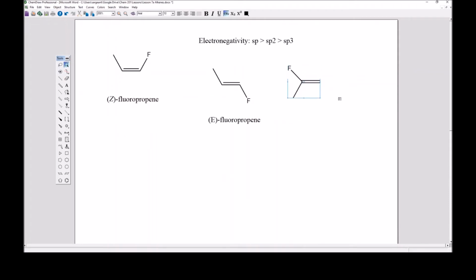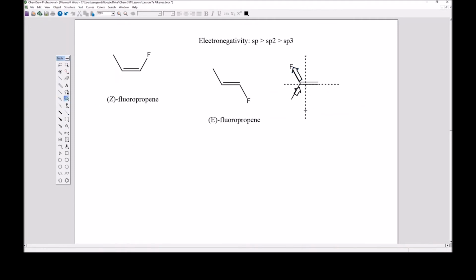The bond angles aren't quite ideal. That feels better. And what you'll notice is that this fluorine is pulling electron density this way, and the R group is giving a little bit of electron density down this bond right here. And so now we think about the two axes, the horizontal axis and the vertical axis.